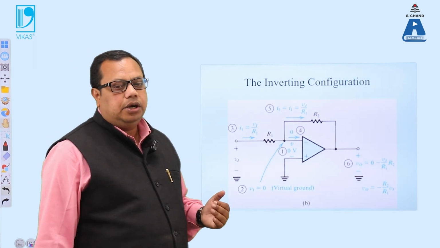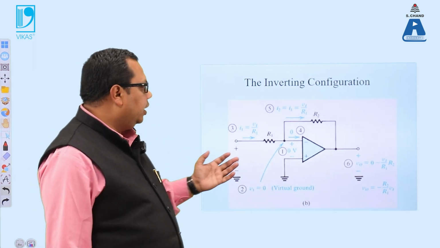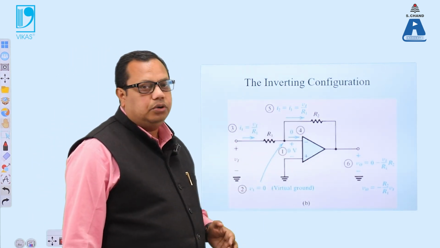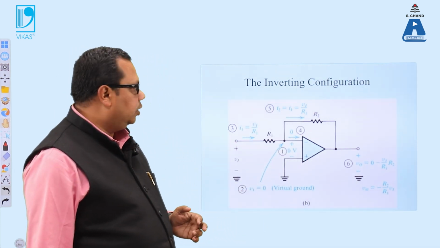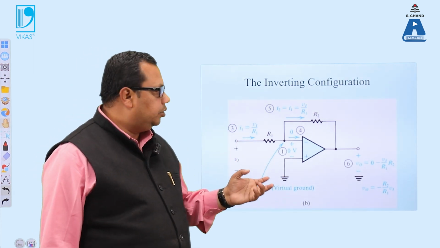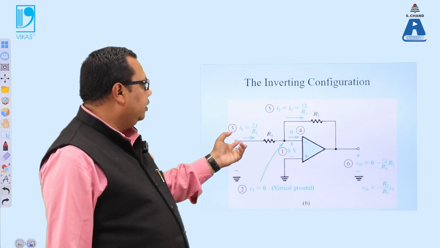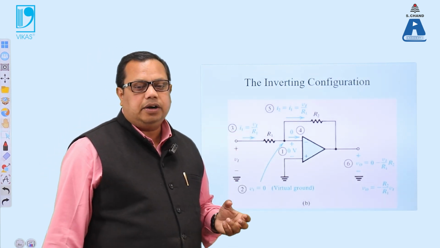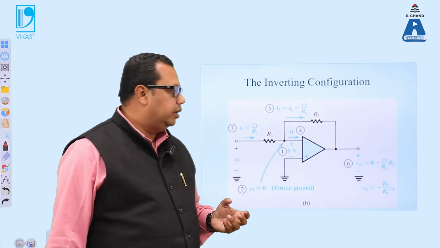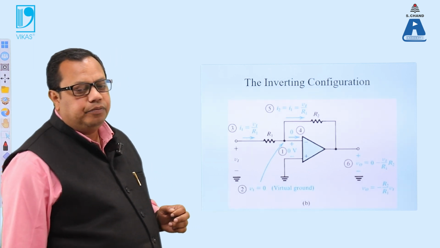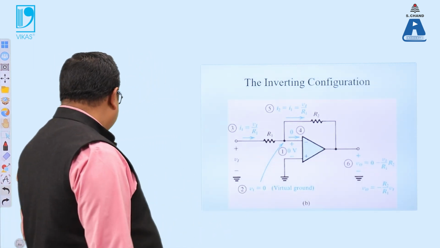We are giving supply to one input and the other one is grounded, and then we are connecting one terminal to another terminal of the supply. This is what we analyze when they are connected, and we calculate the combined output of this operational amplifier. So this is basically when the operational amplifier is used in the inverting mode.